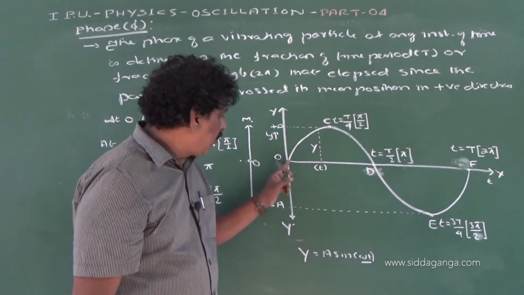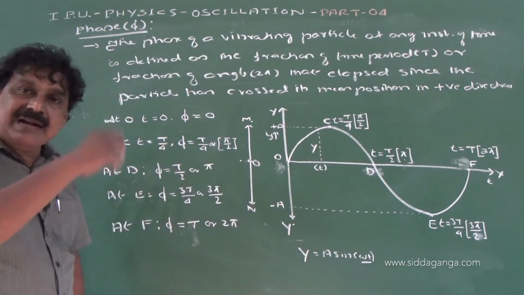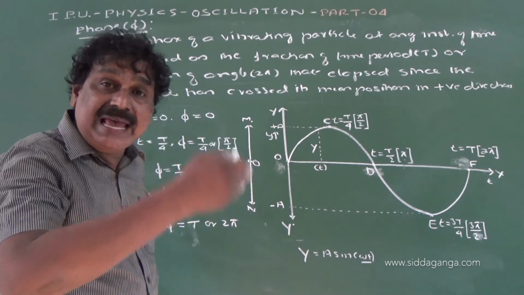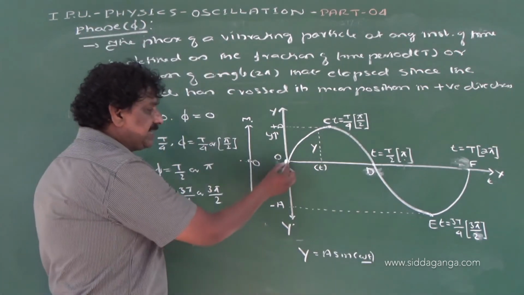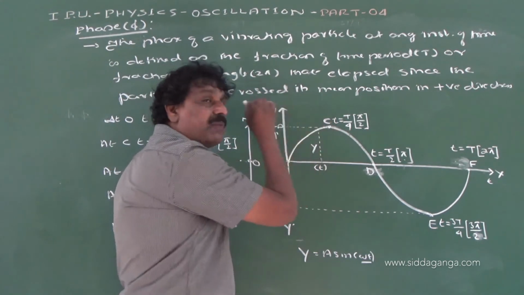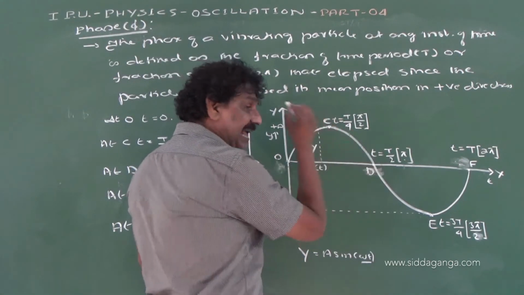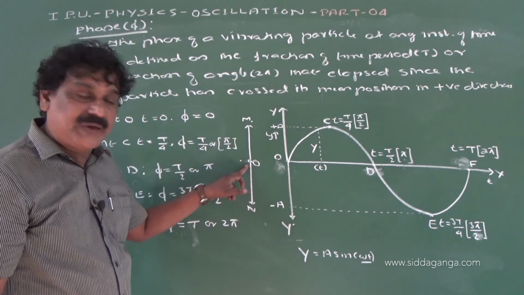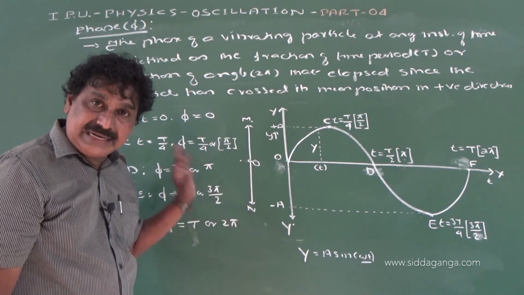See here, at O, at D, at F, the particle is at mean position only, but the direction of motion in the next instant is different. When I say phase is 0, it starts moving away from the mean position in positive direction. When the particle is at D, it is at mean position, but it starts moving away from the mean position in a negative direction.